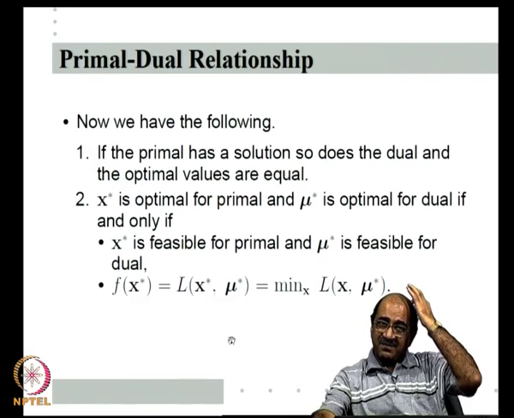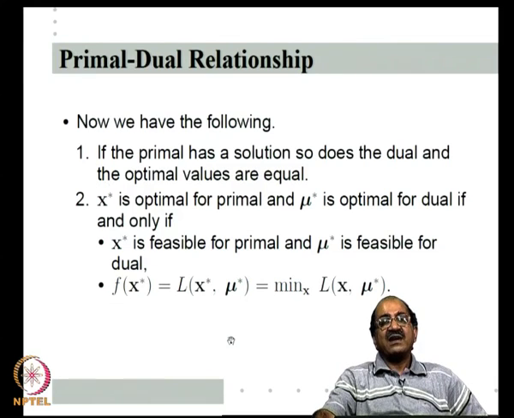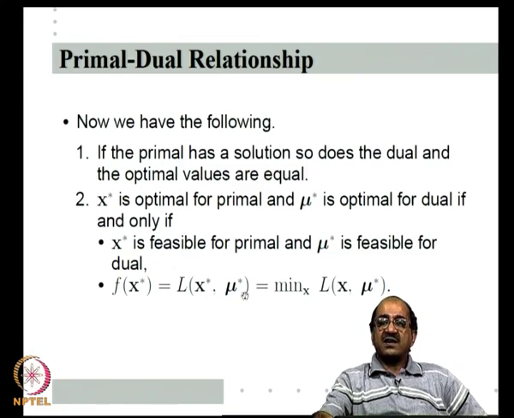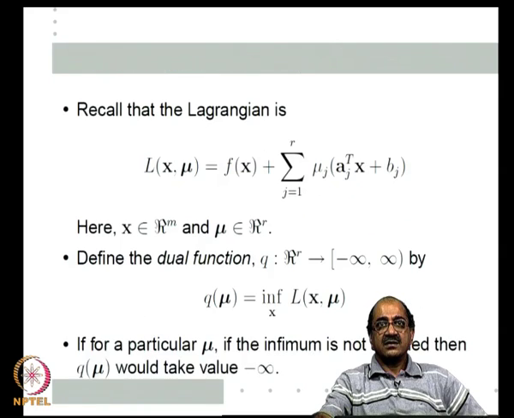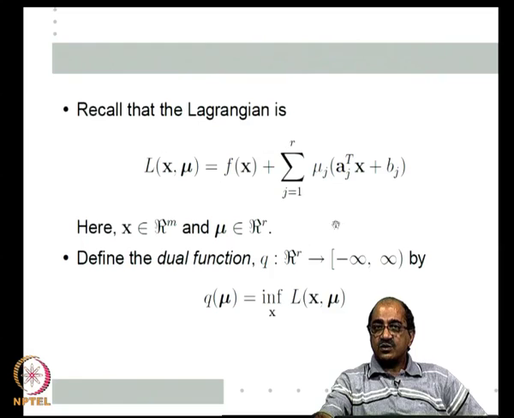While the proof is a little complicated, we can at least see where the condition comes from. Essentially f(x star) is equal to L(x star, mu star). What does this condition mean? If f(x star) should be equal to L(x star, mu star), at x star, mu star this term should be 0.